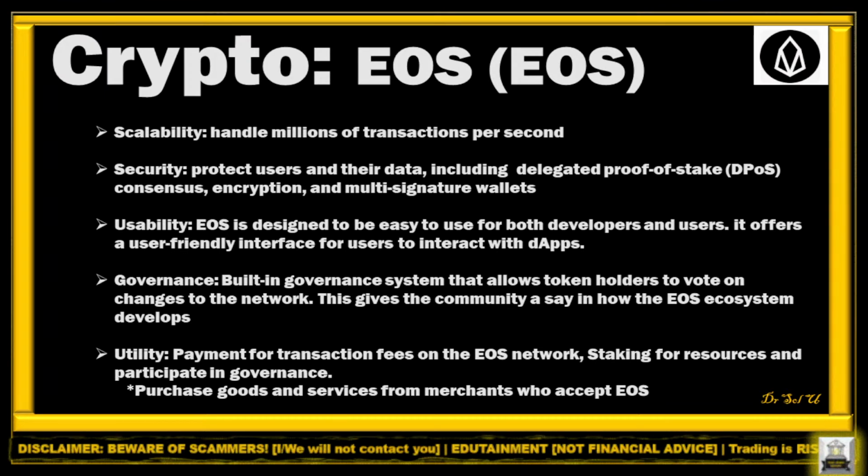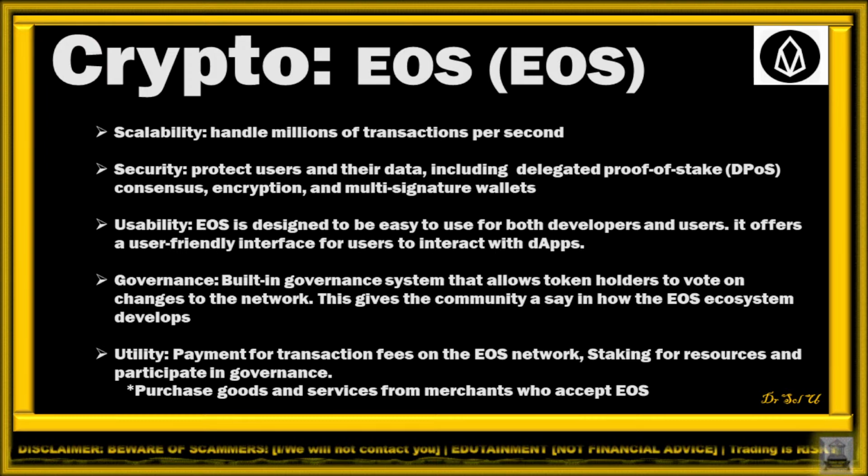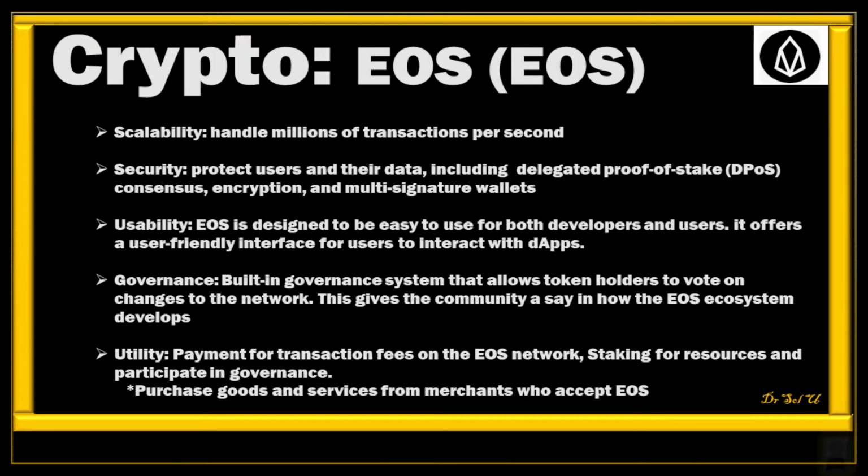Utility of EOS, can't stretch it enough. It provides you lower transaction fees. It is scalable. It processes millions of transactions per second. And because of this robustness, if there is ever a bull run when there is transfer of assets, you find that a token like EOS or the EOS blockchain becomes a pump token.